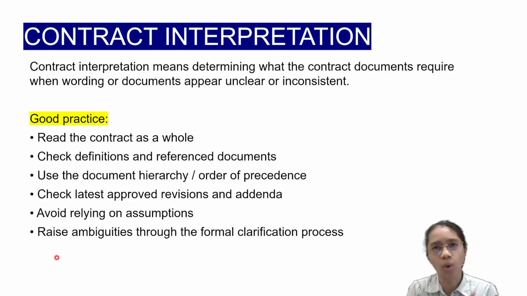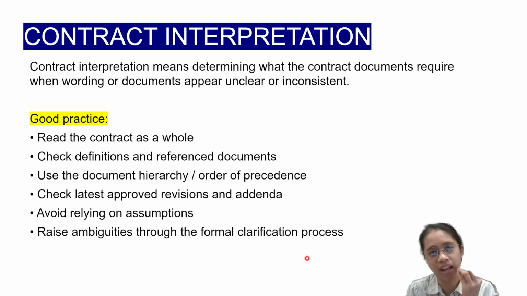Again, it's okay if you don't understand anything in the contract. The goal in both parties is for you to be at peace, in good faith, in everything that is written in the contract. So anything that can raise ambiguity, meaning any unnecessary confusion or uncertainty, you should clarify that, through the formal clarification process or through a clarification meeting.